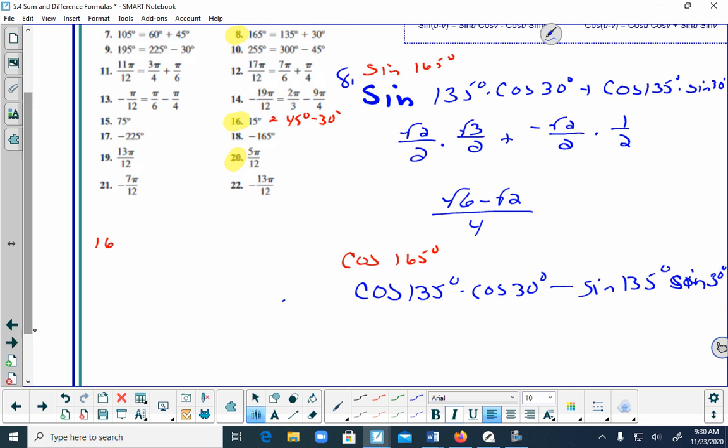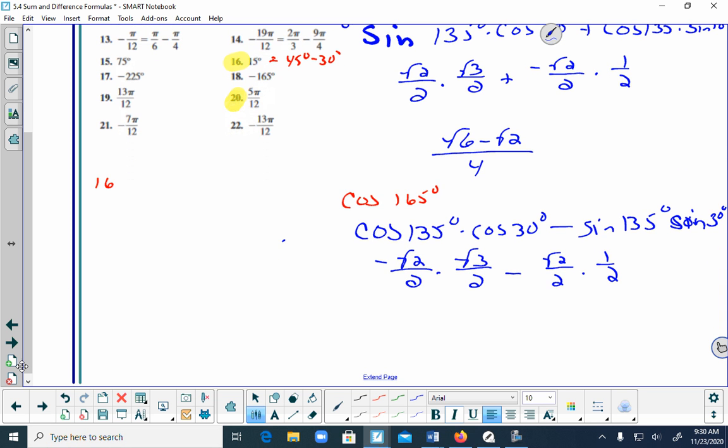The cosine of 135 degrees is negative square root of 2 over 2. Cosine of 30 degrees is square root of 3 over 2, minus the sine of 135, which is the square root of 2 over 2, times sine of 30, which is 1/2. So when I do that, I end up with a negative square root of 6 minus the square root of 2, and this is going to all be over 4.